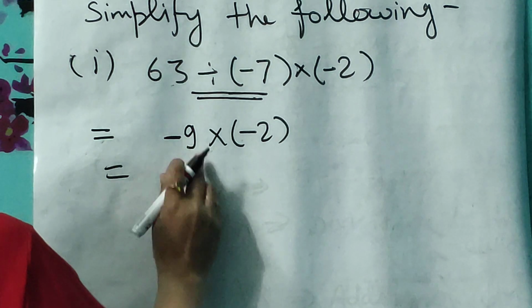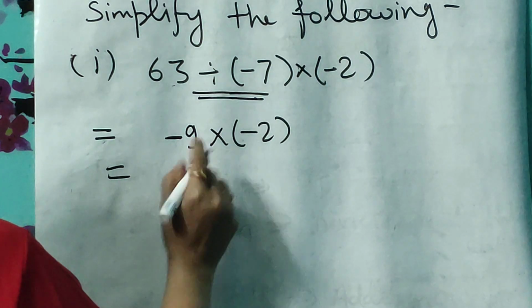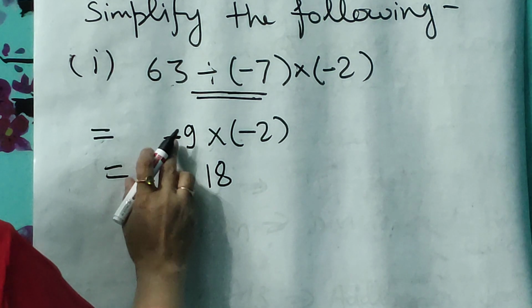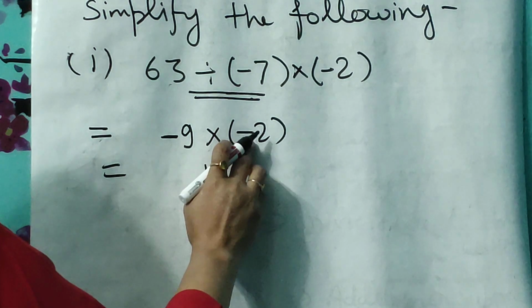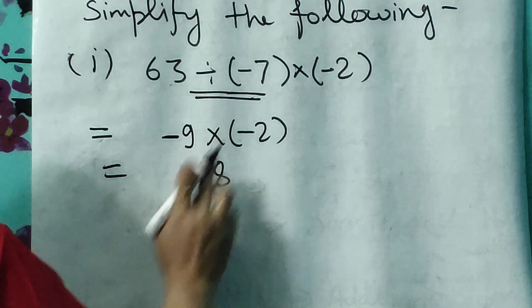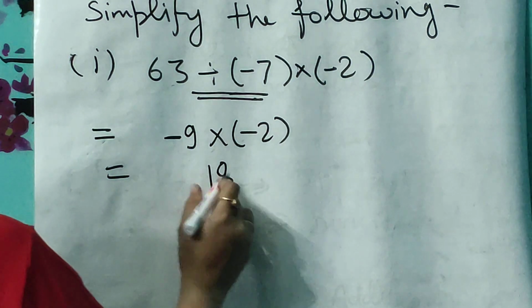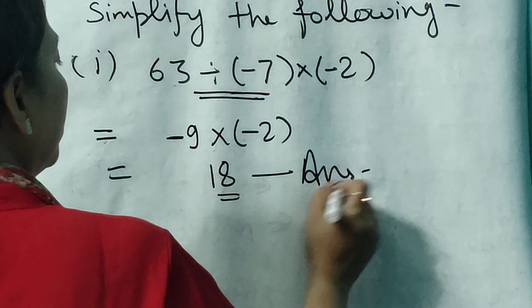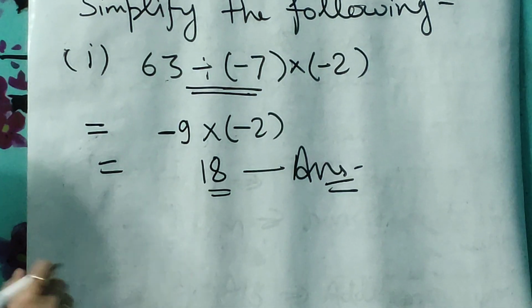Now multiply 9 and 2, 9 twos are 18, and minus into minus means a negative multiplied with a negative, it will come plus. So the answer of the first question is 18.